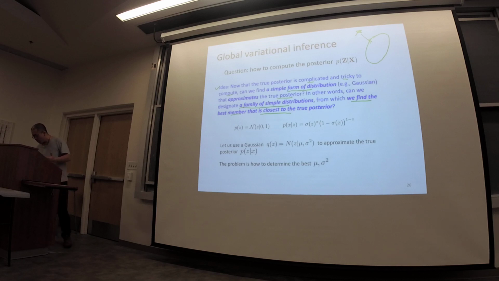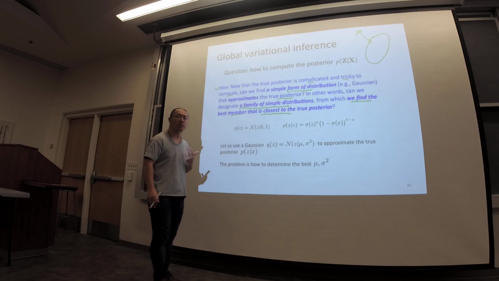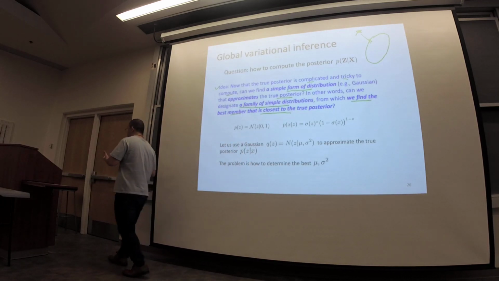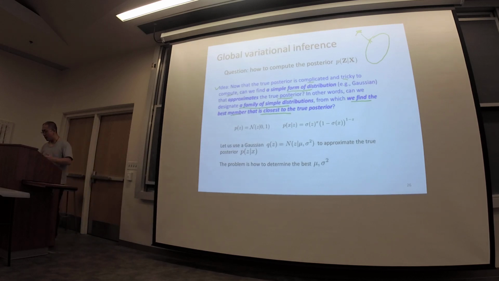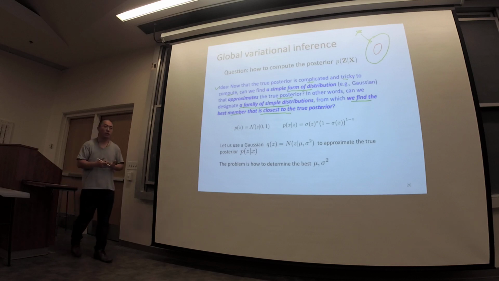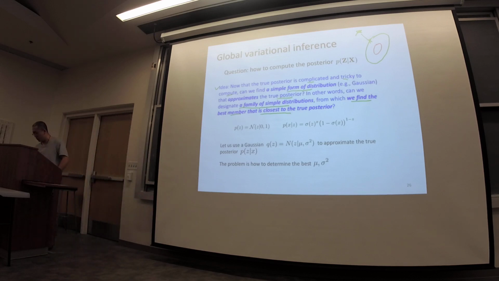This strategy requires you to first define what kind of approximation family you want to use, right? Intuitively, you can see there is a trade-off. If I designate a very small family, then computationally it can be much cheaper, but you can imagine that the best approximation will still be quite bad.